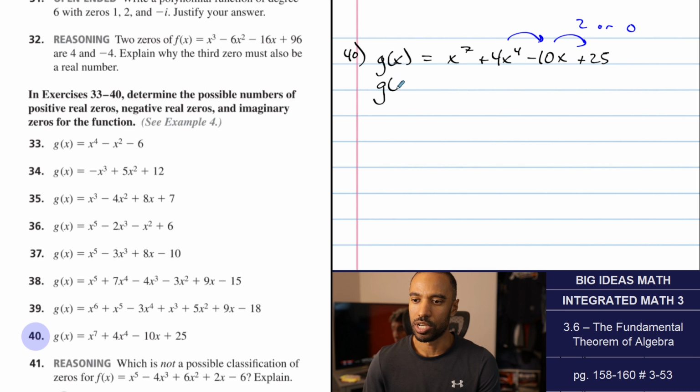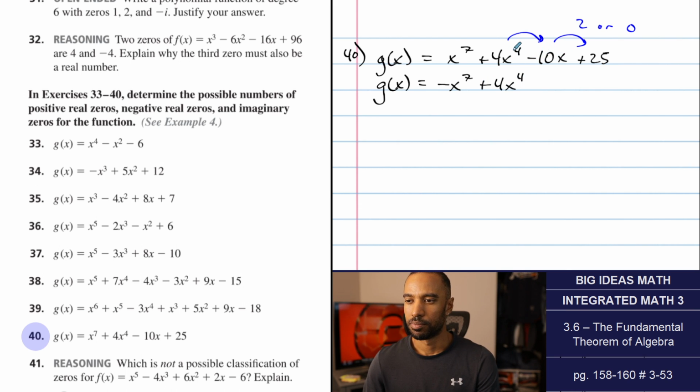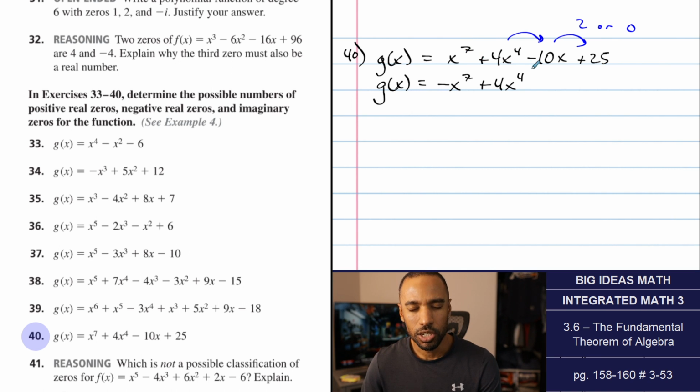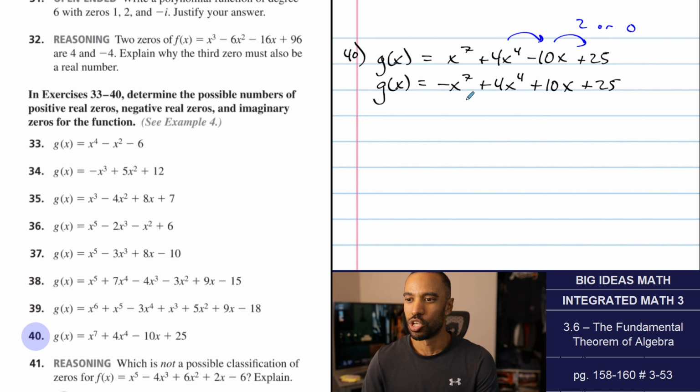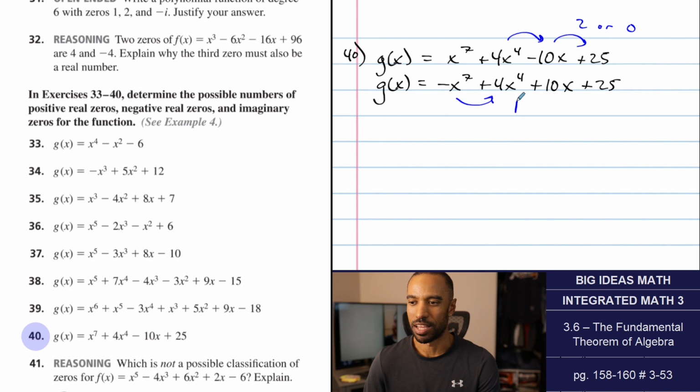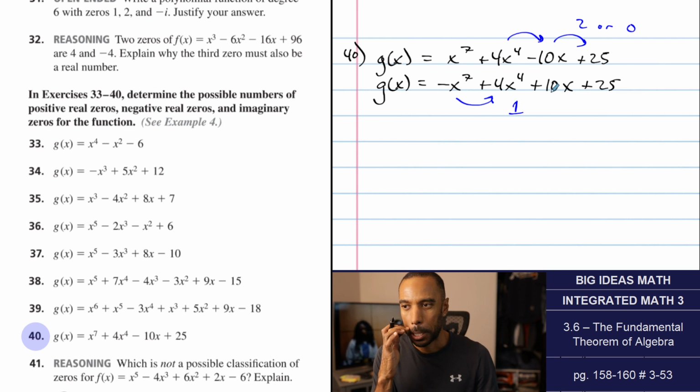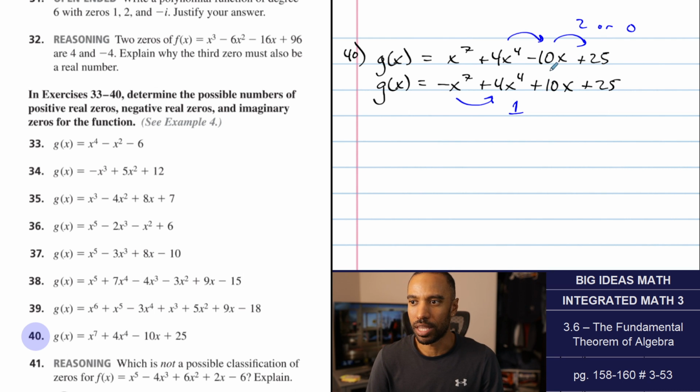For negatives on g of x, we get a sign change on this one. Odd degree, change the sign. Even degree, keep the sign. Okay. So for this one, we go from negative to positive. That's just 1. Just 1 in that case. So this is only going to have 2 different rows.